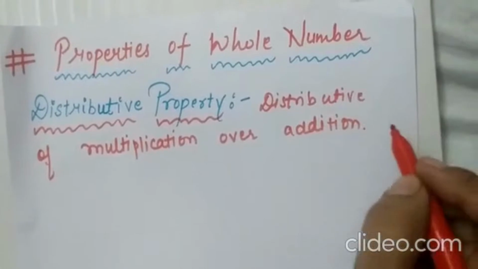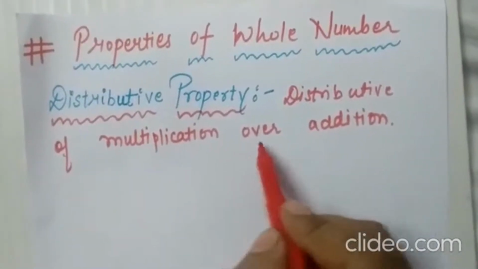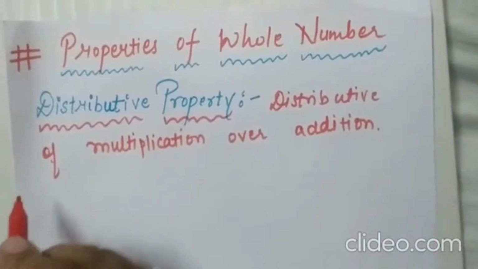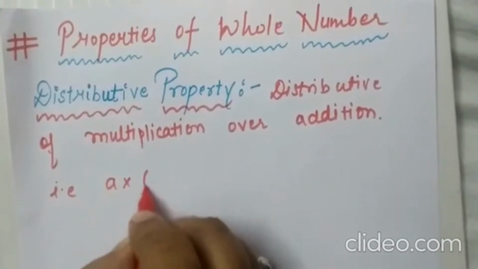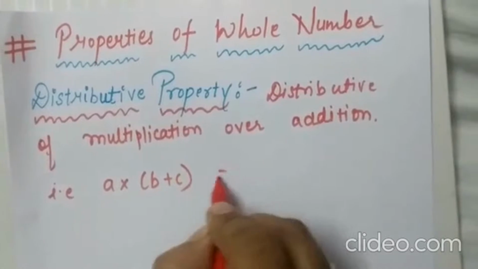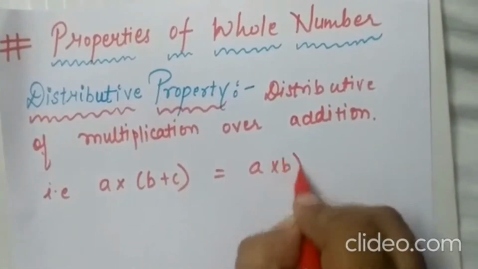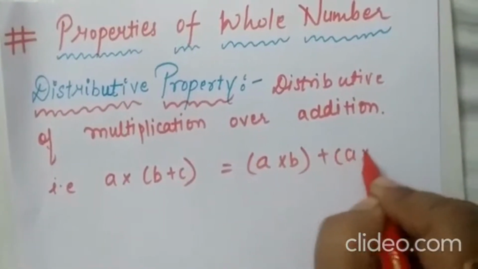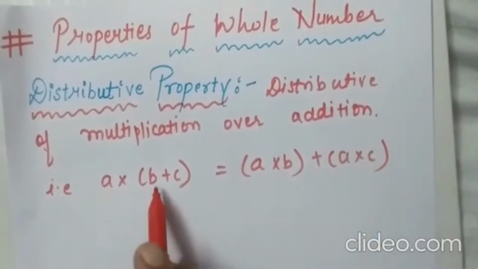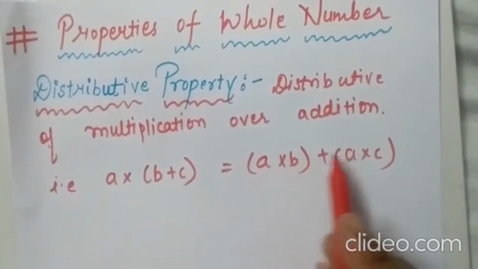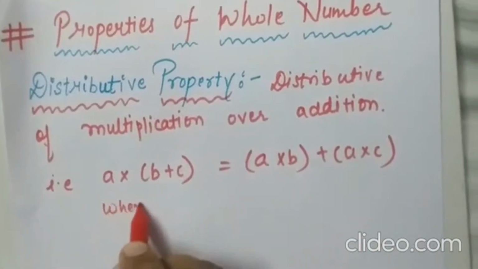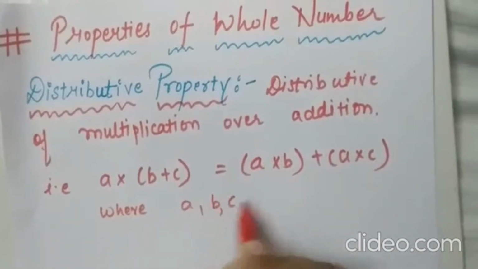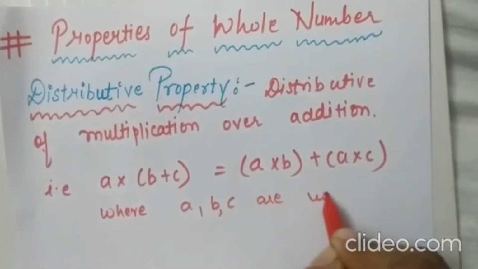So we'll see distributive property of multiplication over addition. Here we can see through one identity, that is A into (B plus C) is equal to A into B plus A into C, where A, B and C are whole numbers.